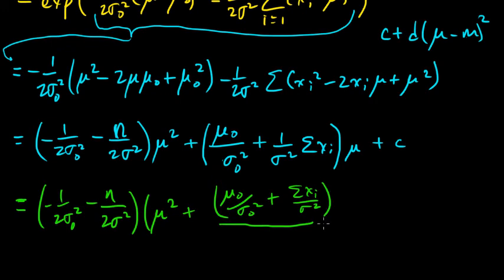Divide by this, and that's times mu. And now, let's pull the 2 out, I think that's going to make life a little easier.